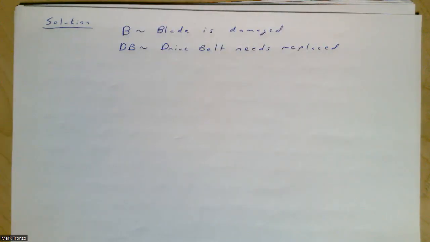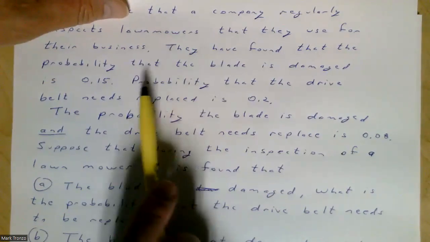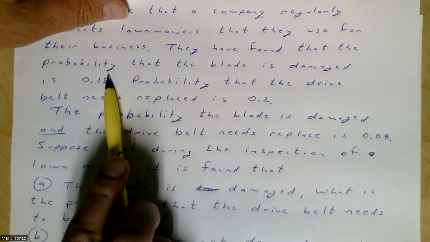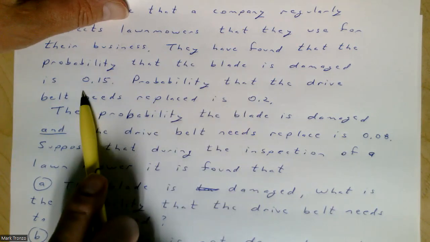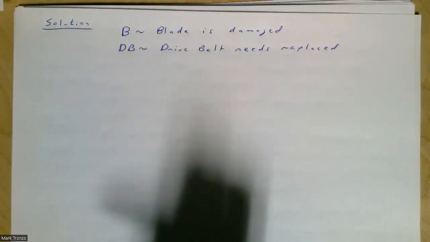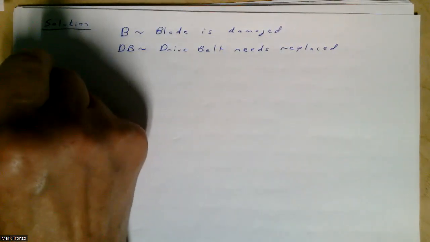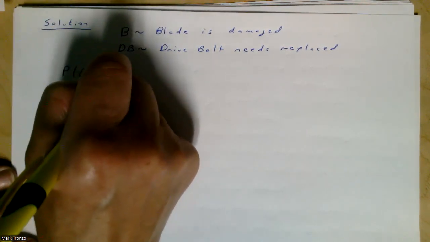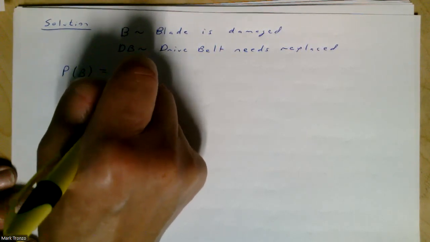And again, sometimes it's helpful just to write down all the things that we have. So we know that the probability that the blade is damaged is 0.15. So probability of B is 0.15.